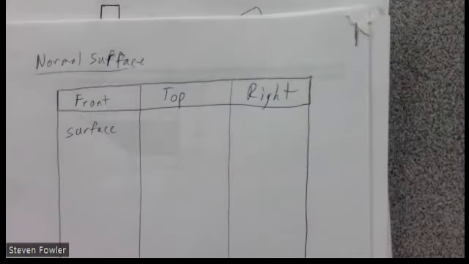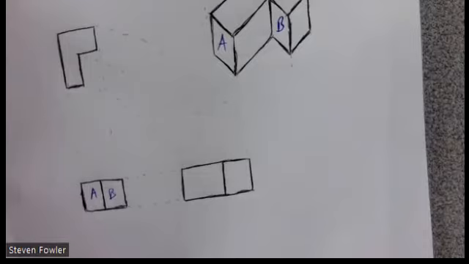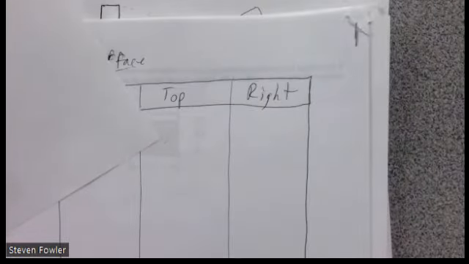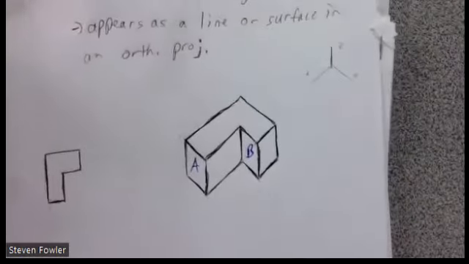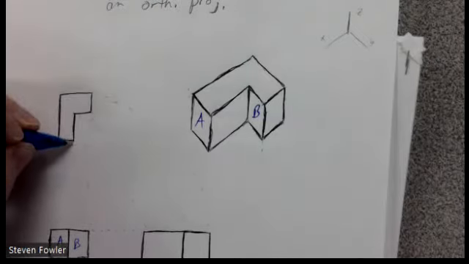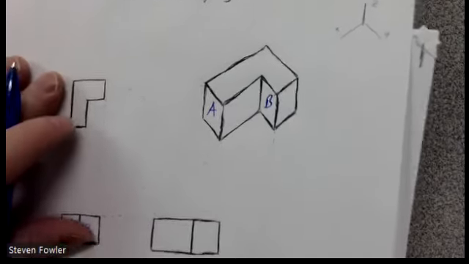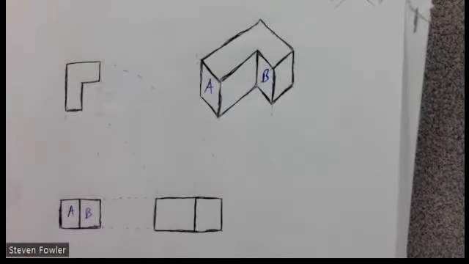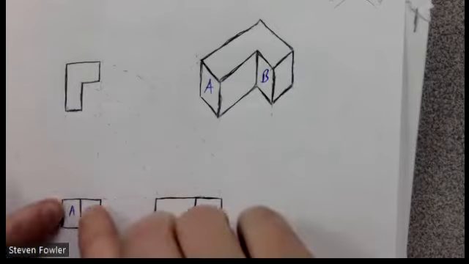Now, again, we're filling this table out. So if I've got a face in the front, that's A and B. Where do A and B land on the top projection? Where would A be on the top projection? Pointing down, it's the bottom. It's right here. And you see how these line up. That's the reason we line these drawings up, as they work together.